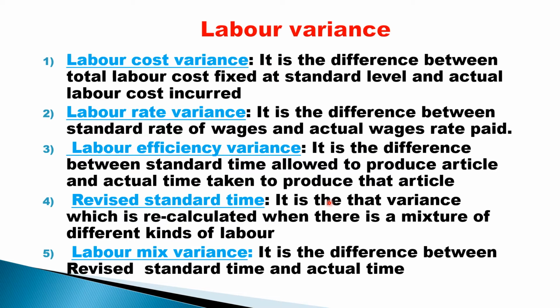But your syllabus is restricted only to finding the variance of material and labor. Generally, a major portion of the cost is occupied by material and labor. So material cost and labor cost occupy a major portion of total cost.